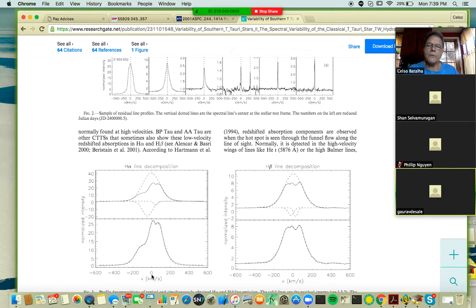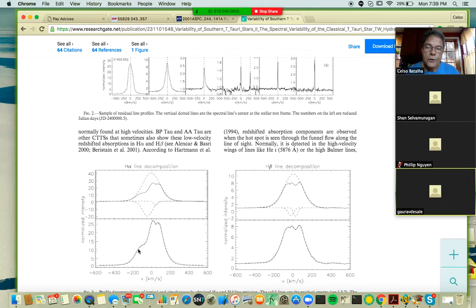As if you were in front of the star and you are stationary with respect to the star. And the way we find this zero point is by observing several photospheric lines and then making a correction so that all the photospheric lines are at rest frame, and so is the hydrogen line, the H alpha line. So this point here represents a part of the hydrogen line that comes out of gas that is immovable with respect to the star.